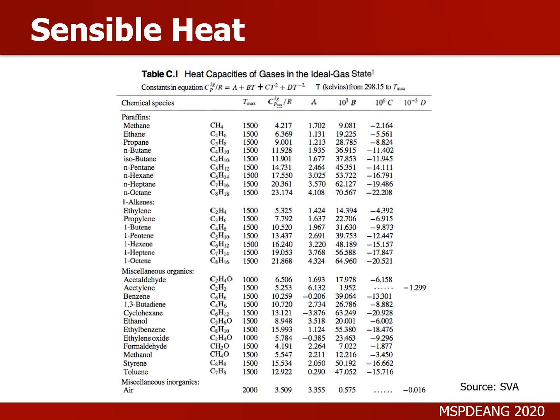But if we take a look at, for example, air, Cp^ig over R of air is 3.5, which is approximately 7 halves. So we previously used 7 halves R as the Cp of air, which is almost valid for a particular condition. However, in most cases, it's actually still a function of temperature.